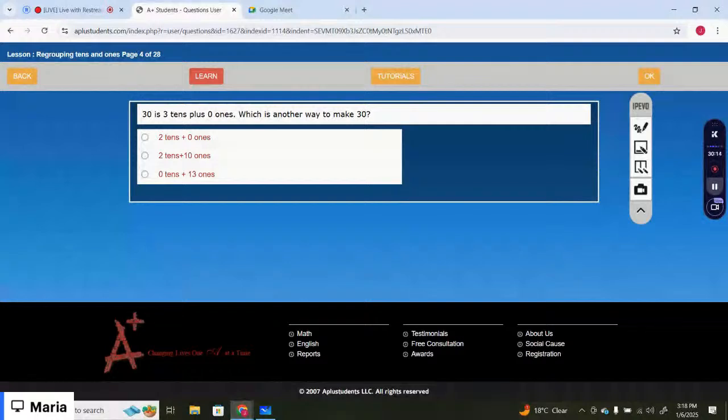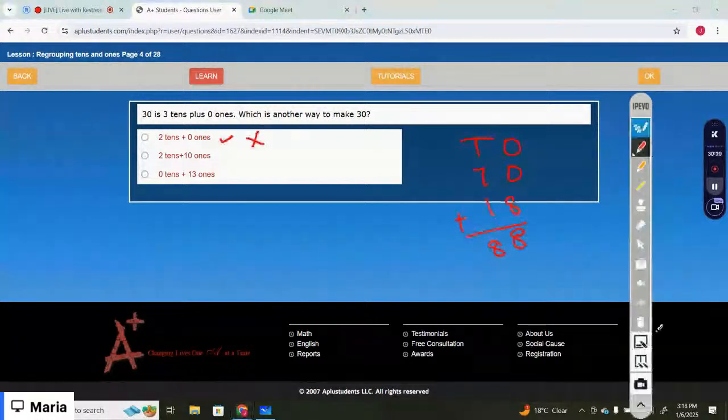So which is the correct option? Option number 1, 2 tens and 0 ones. No, that is not. 2 tens means 20. So that isn't the correct option. Look at the second option. That is 2 tens and 10 ones.